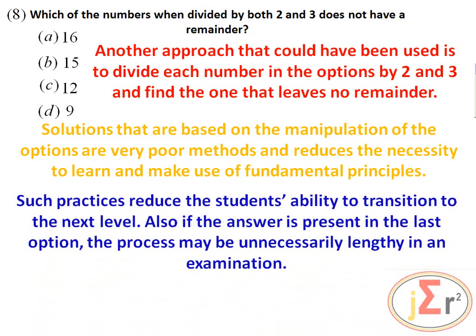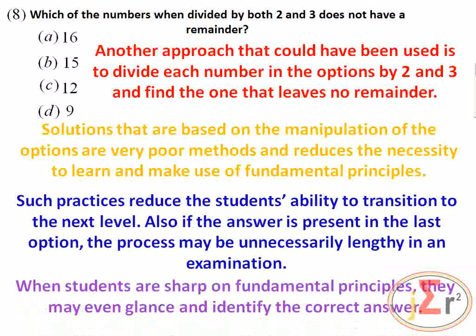Such practices reduce the student's ability to transition to the next level. Also, if the answer is present in the last option, the process may be unnecessarily lengthy in an examination. When students are sharp on fundamental principles, they may even glance and identify the correct answer.